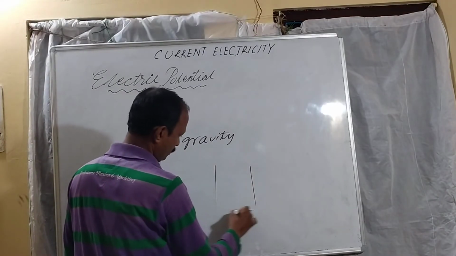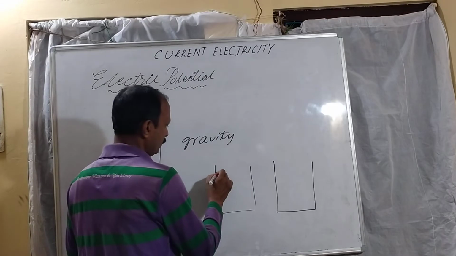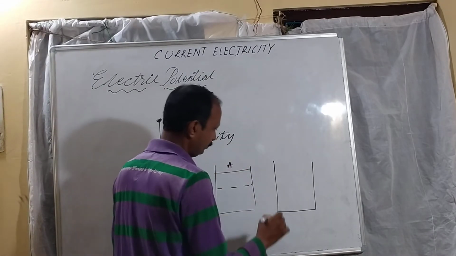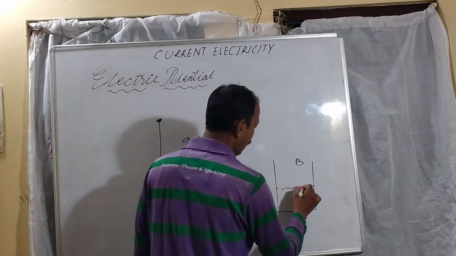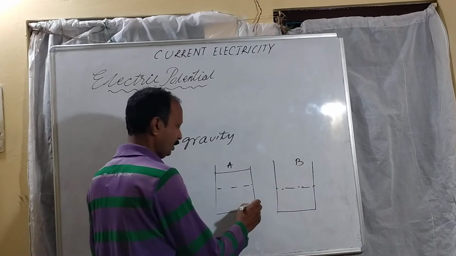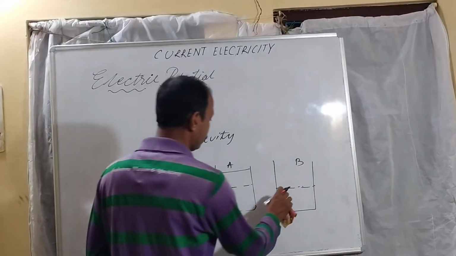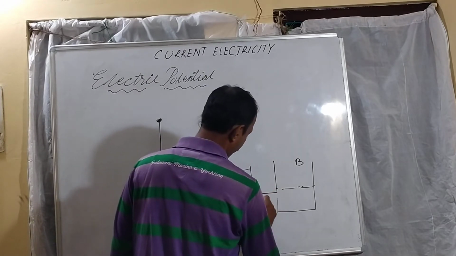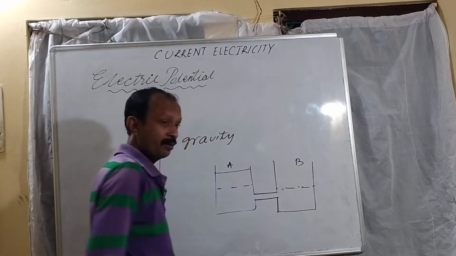suppose this is a water tank. This is the level of water in this water tank. You think this is tank A, this is another tank B, this is the level of water in tank B. Now, both the tanks I shall connect with a suitable pipe. What will happen?